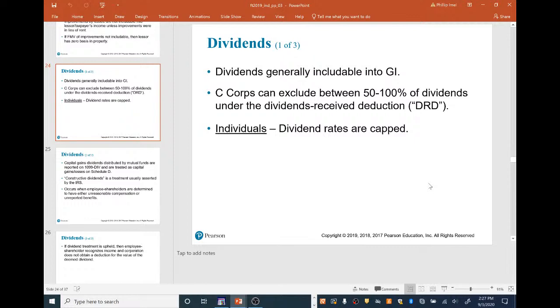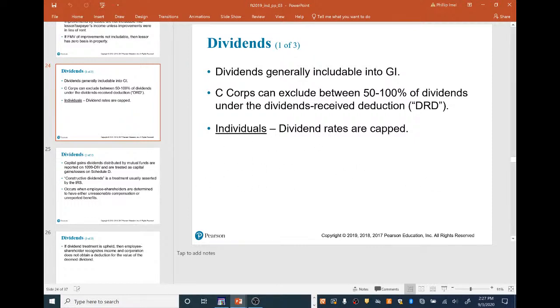So 50% if the recipient owns less than 20%, 65% if the recipient owns between 20% and 80%, and 100% if the recipient owns more than 80%. And it's important to note that C corporations owning 10% or more of a foreign subsidiary with only foreign earnings can claim a 100% dividends received deduction.